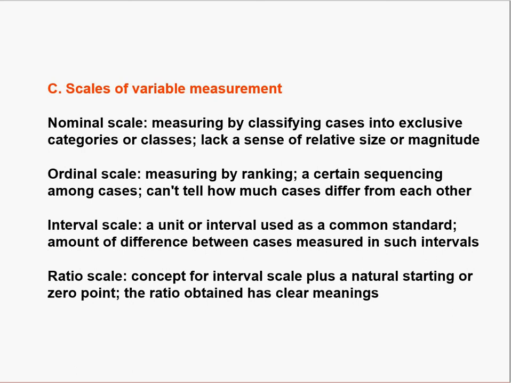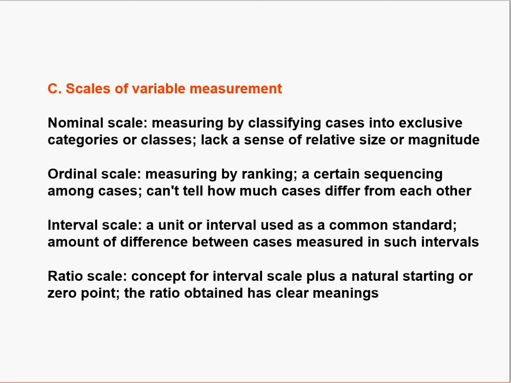Okay, but between the interval scale and the ratio scale, there is a significant difference. This difference can be explained by looking at the nature of zero. If I say that I don't have money, that means I don't have money. So I have $0, which means I do not have any money.